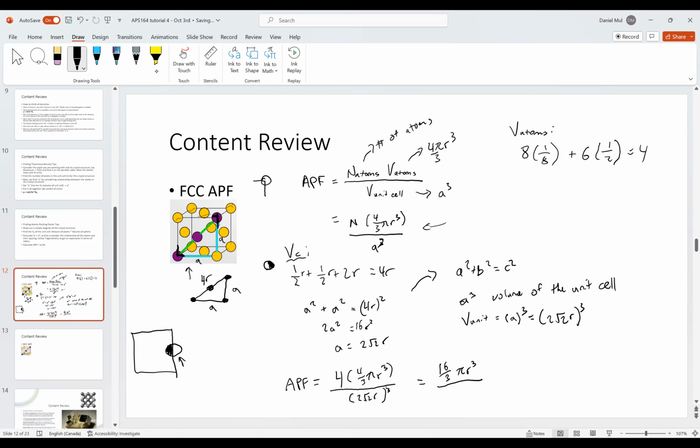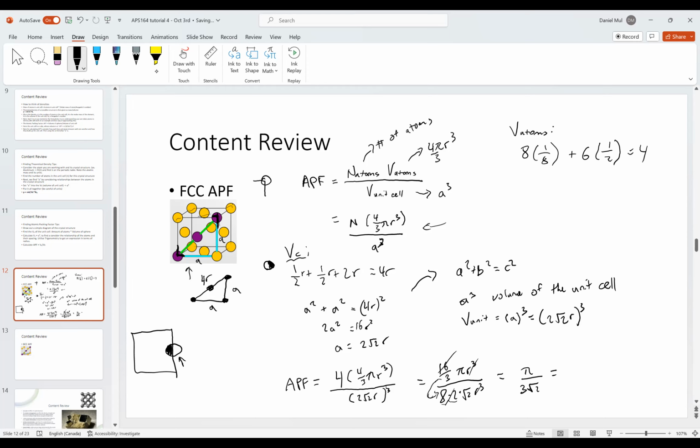And then we just expand this, we get 8 root 2 r cubed. So this 16 and that 16 cancel, and this r cubed and that r cubed cancel. So we get pi over 3 root 2, just because this comes down.